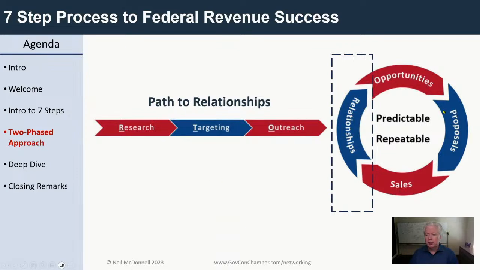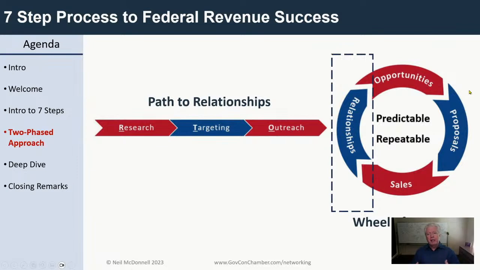Once you've built strategic relationships, you're on what I call the wheel of success, because the minute you're on this wheel of success on the right, you've built the strategic relationships. They're going to lead to you hearing about slam dunk opportunities, ones that your company can absolutely win. And when you have slam dunk opportunities in your pipeline, you're able to write winning proposals.